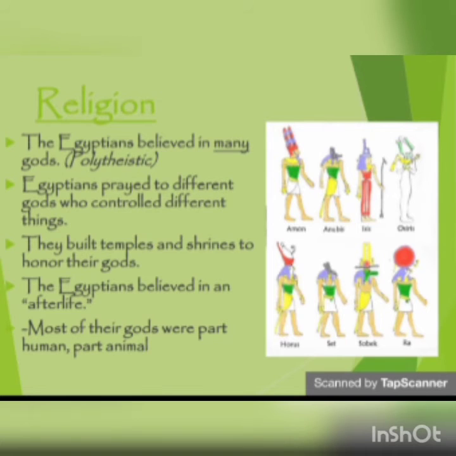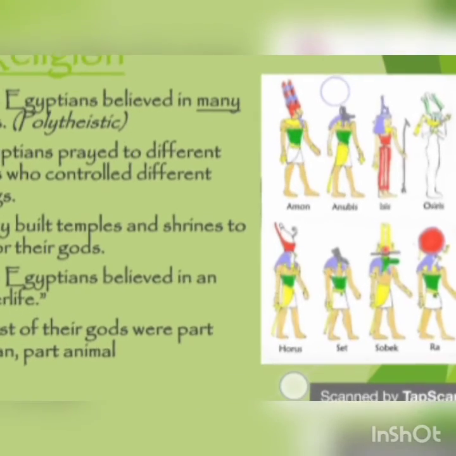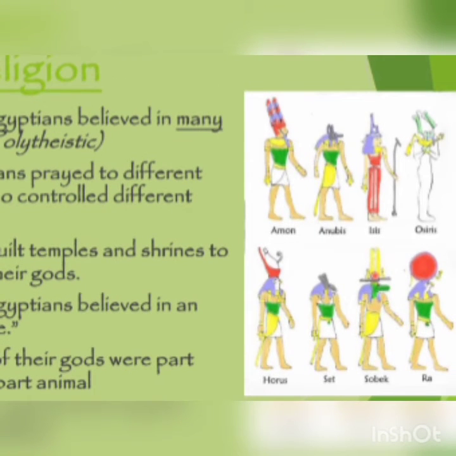Then regarding religion, the Egyptians believed in many gods. Believing in many gods is called polytheistic. Egyptians prayed to different gods which controlled different things. So they had Ammon, then Anubis, then Isis, then Osiris, then Horus, then Set, then Sobek, then Ra.